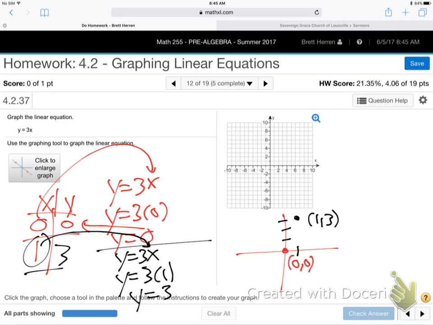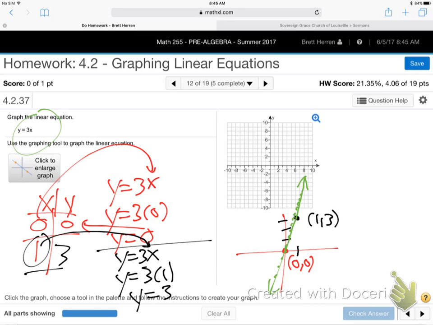First number's over, second number's up or down. Is that good? And now, what do we do with those 2 dots? Connect the dots. There's our line. We graphed the equation y equals 3x. What is that graph? Millions and millions and millions of dots that all make the equation true, don't they? They all make the equation true.